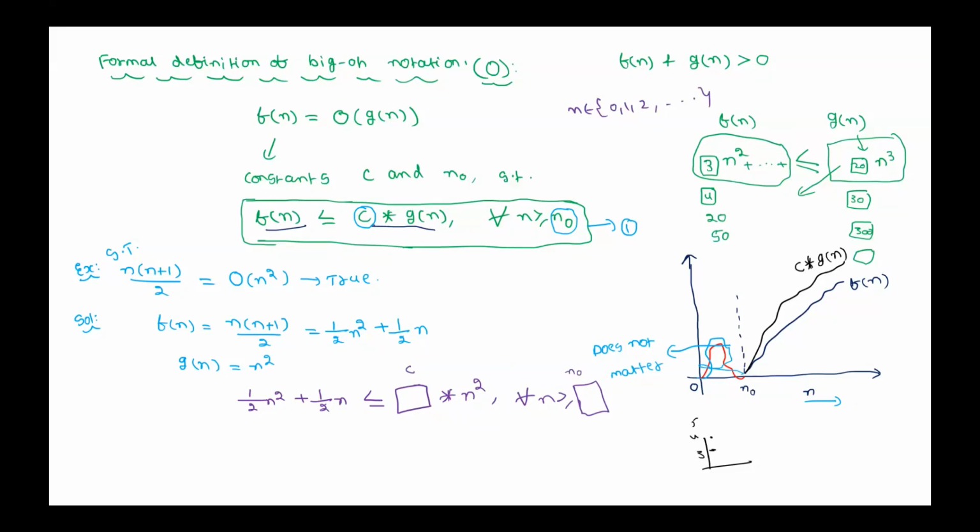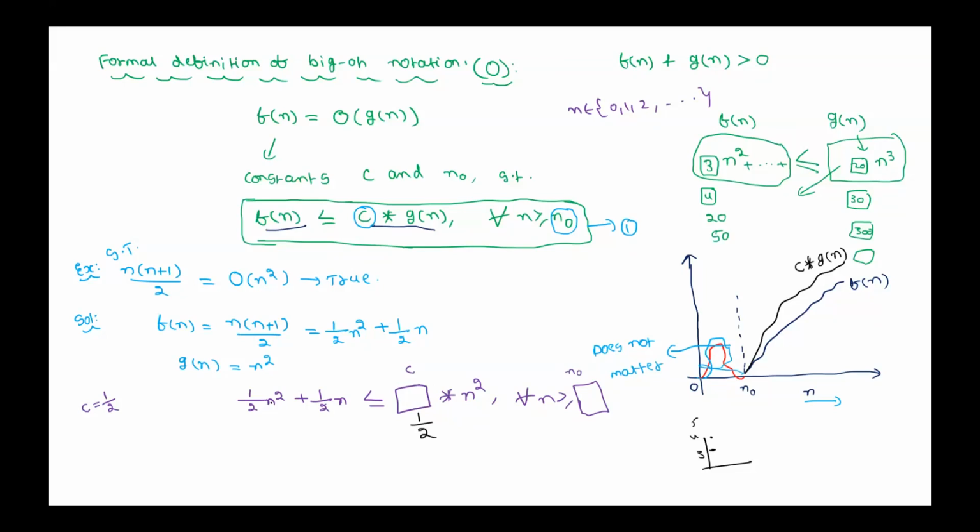For example, if I take C equal to 1 by 2, whether it becomes true for any value of n or not. No, sir. Why?